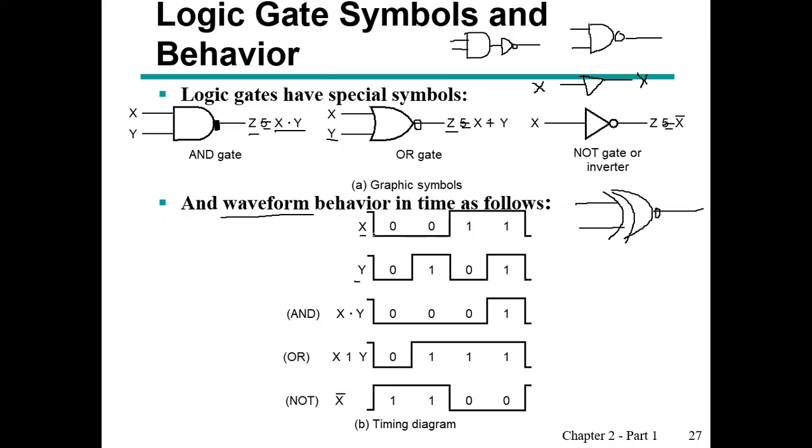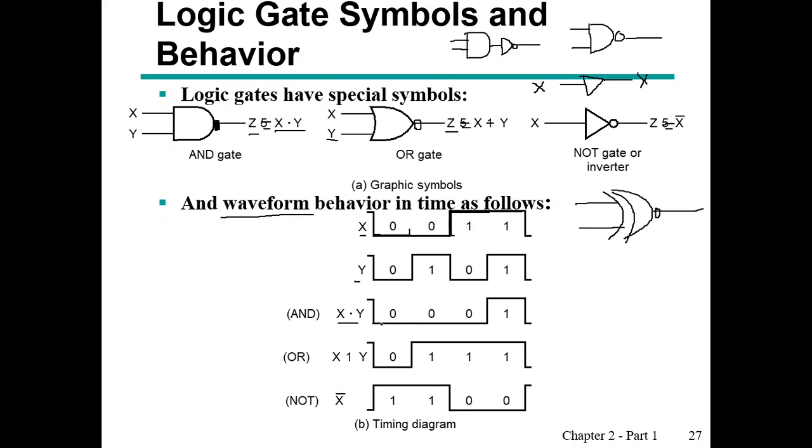Now this low level basically shows you 0 volts as the logic 0, then plus 5 volts or high voltage as logic 1. Similarly, the Y input 0 1 0 1, low high, and then their AND. So the AND would be low as long as one of these inputs is low.